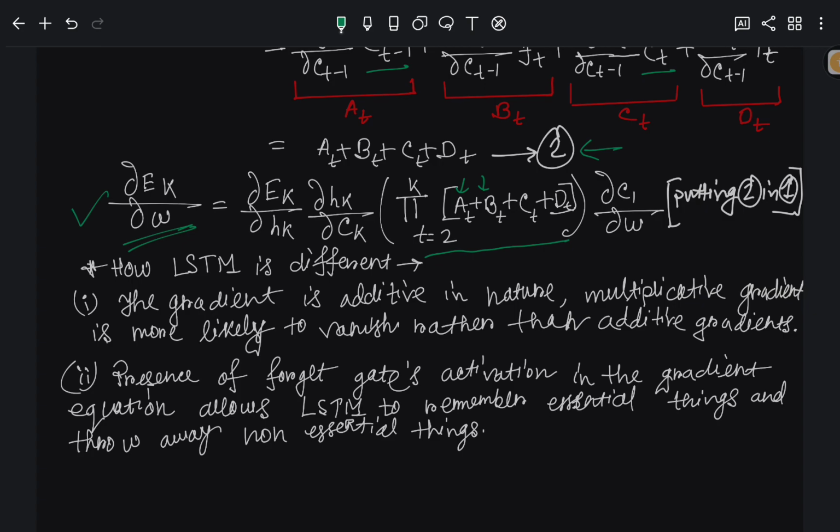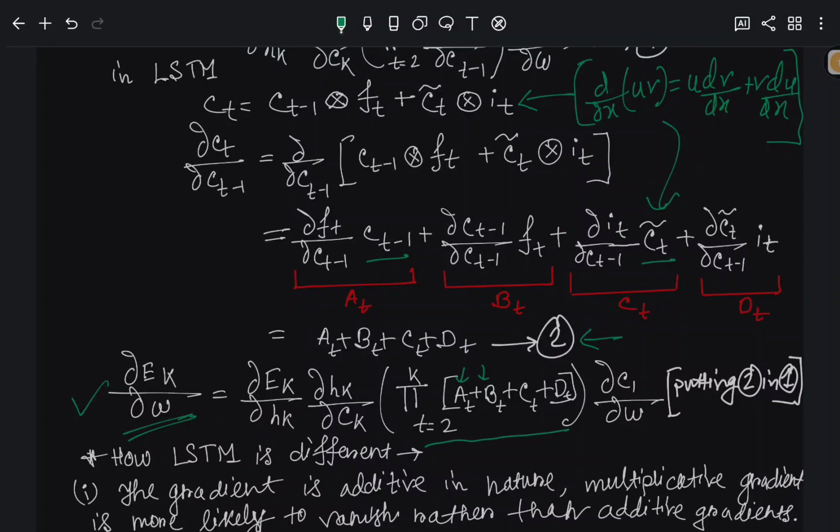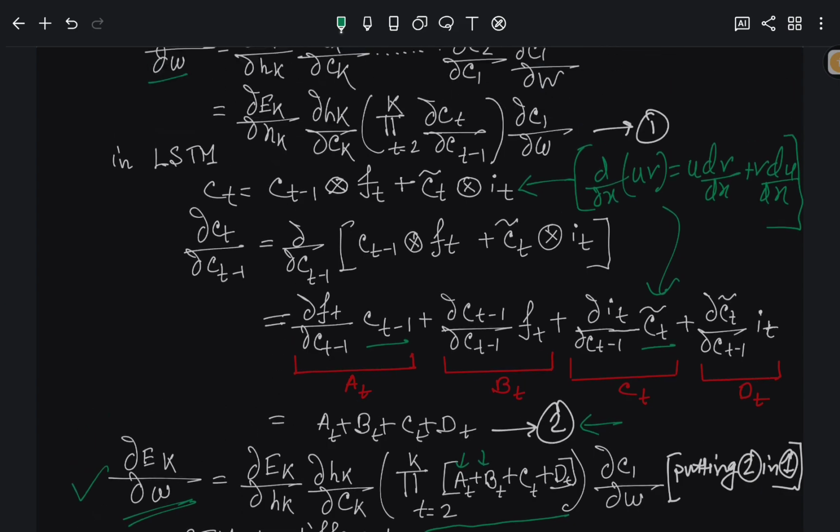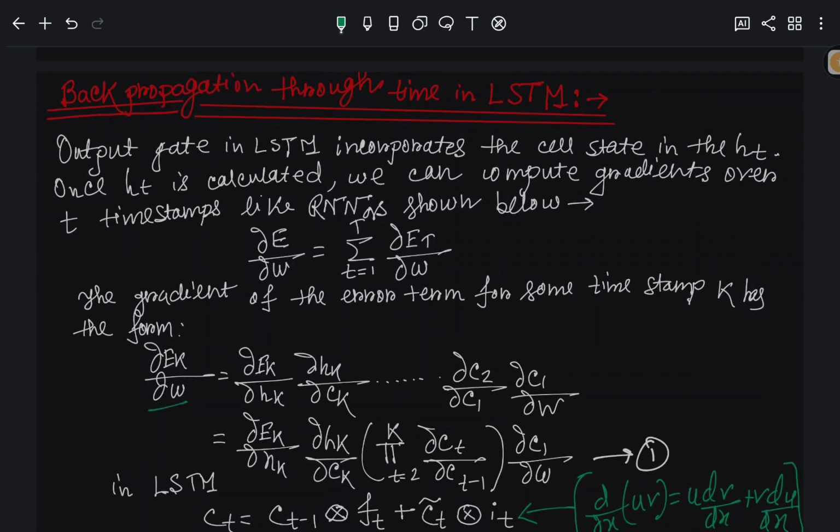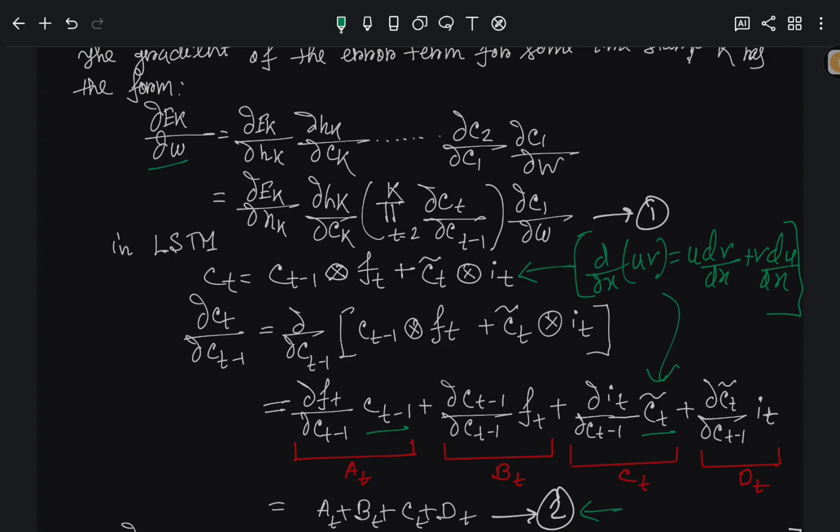And also the presence of Ct, which will essentially remember the crucial part of the long-term dependencies and throw away the parts which are not required, right? So yeah, this is what I wanted to talk about in this video. So I hope you got an understanding of how the LSTM works with different gates, and how the derivative of LSTM is much simpler compared with the RNN, and how it can solve the vanishing gradient problem.